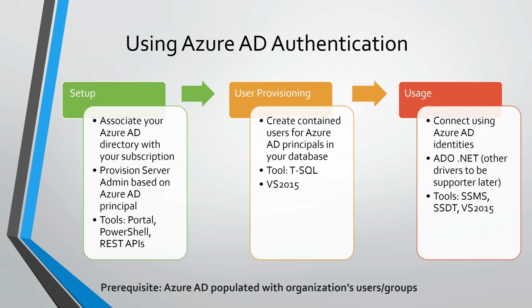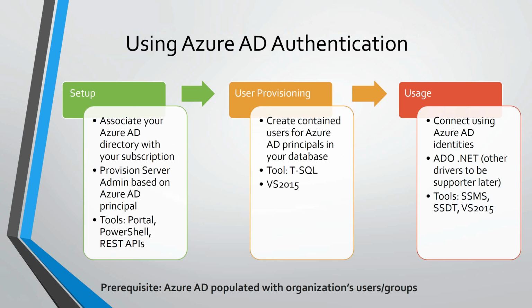The second important piece of the authentication is to create a user in the user database. So we need to go to the SQL DB V12 server, create the database there, and then create this Azure Active Directory user or a group.